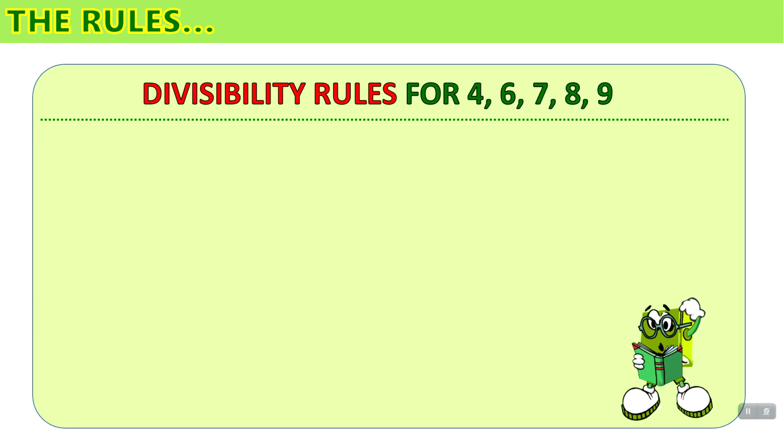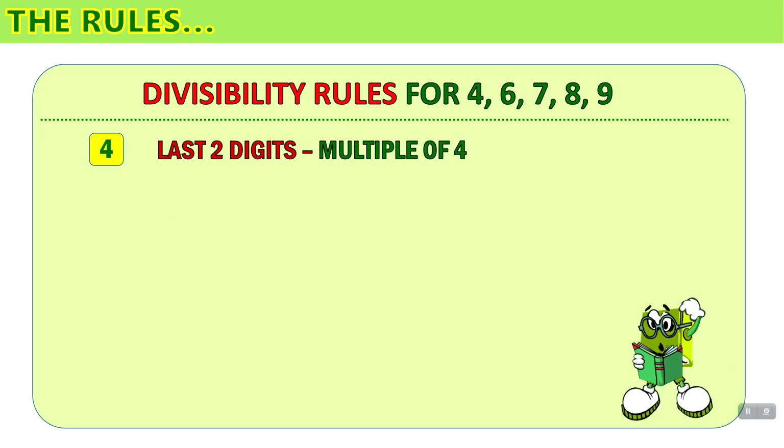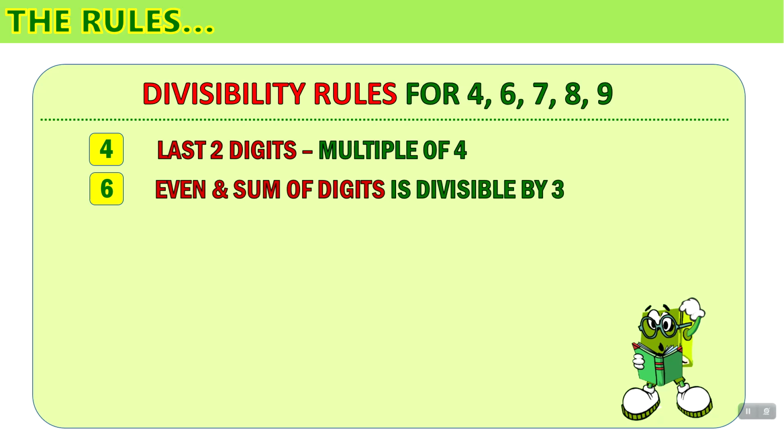And so let's look at some other rules for the numbers 4, 6, 7, 8, and 9, which are not typically learned. A number is divisible by 4 without a remainder if the last two digits are a multiple of 4. A number is divisible by 6, meaning we can divide it by 6 and have no remainder, if it is even and the sum of the digits is also divisible by 3.